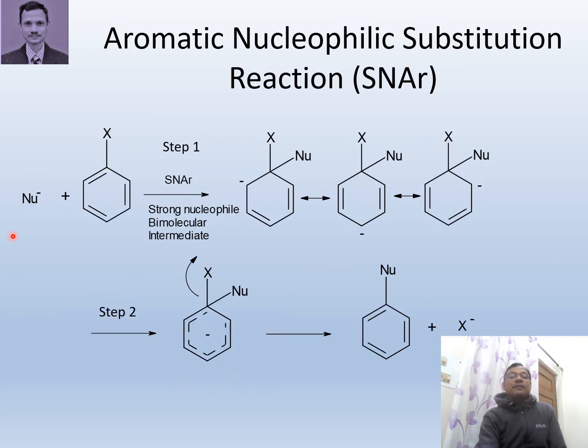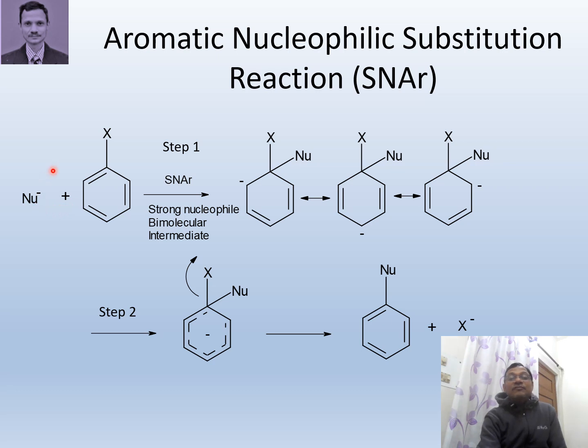This is another example. If the nucleophile attacks the aromatic compound with a leaving group, then the nucleophile attacks this carbon because this is more electrophilic in nature and X is an electron withdrawing group, so it is a highly deficient system.